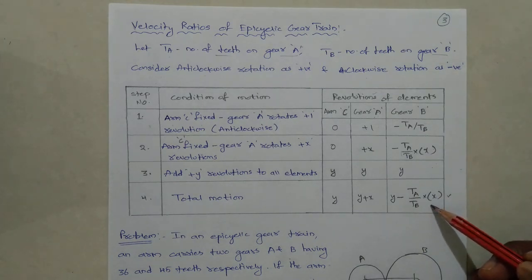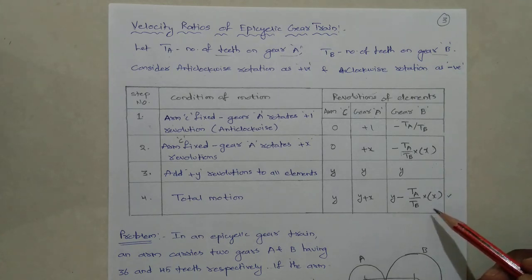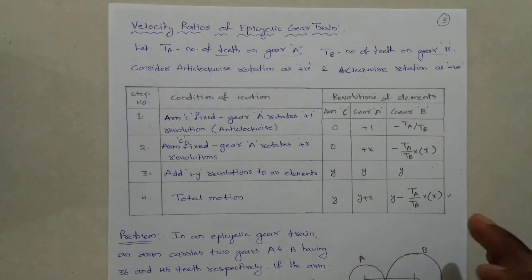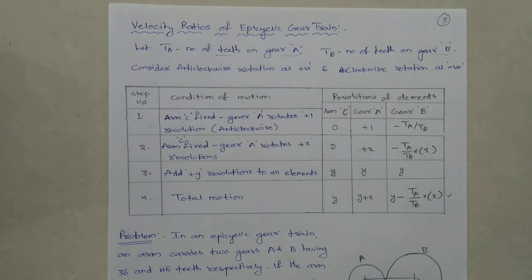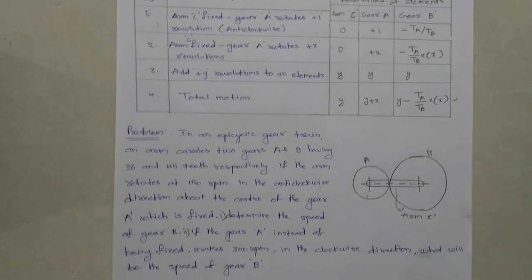If you want to get the final formula, these are mandatory, but we use only this final formula to get the solutions. In order to understand the application of this tabular column of velocity ratios, let us look at a small problem. And here's the problem.